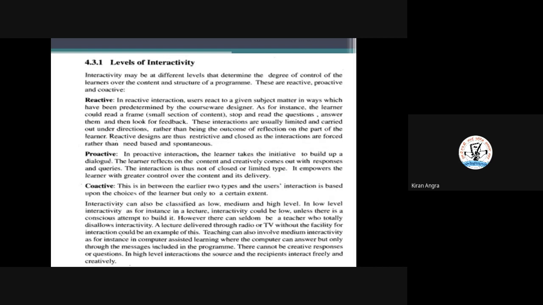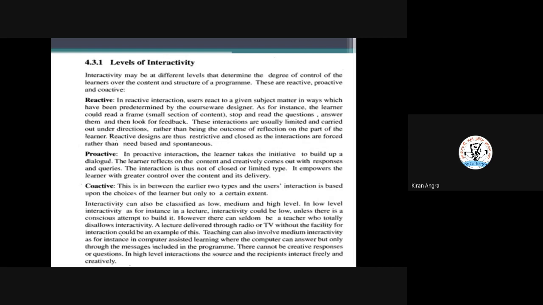Then comes the proactive. In proactive interaction, there is no format for anything. Here, the learners go through the material, take their own initiative to build a dialogue, learn it and come out with creativity. They have their own set of queries, and it is not limited, not closed, it is open.